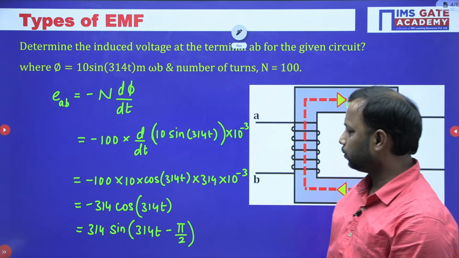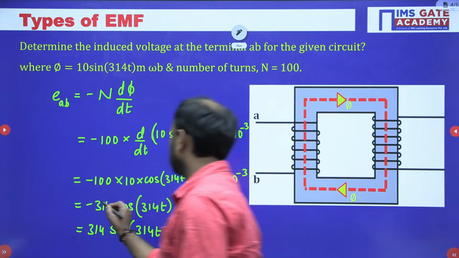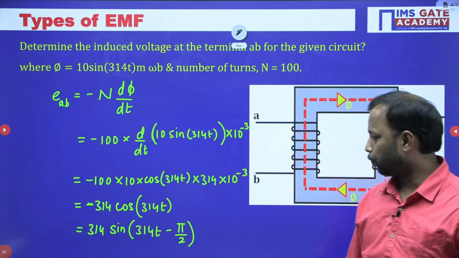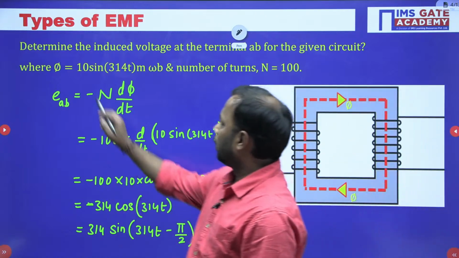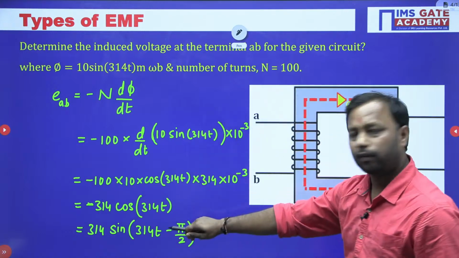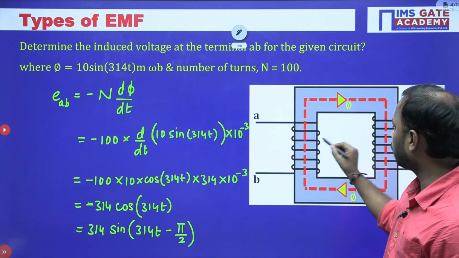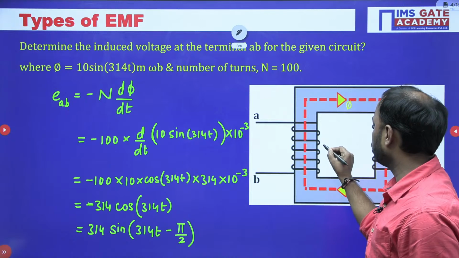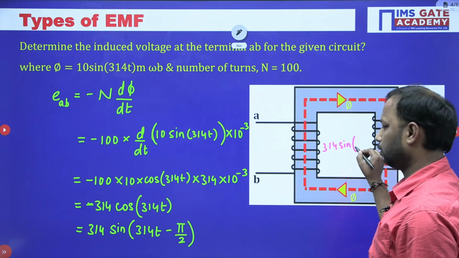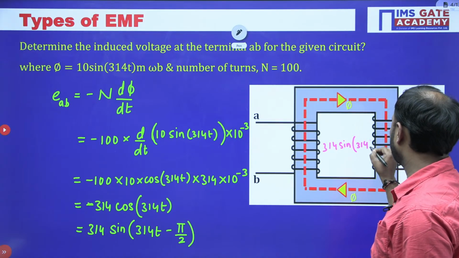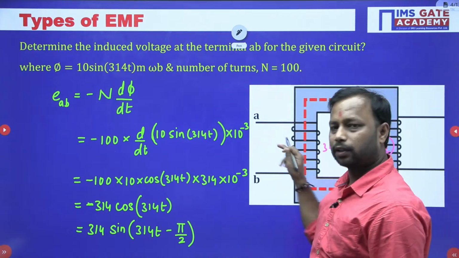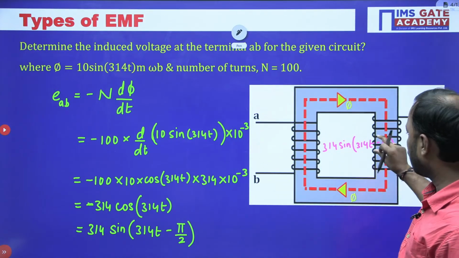Yes or no? So from here I can say that in this coil, the EMF EAB is 314 sin of 314 t minus pi by 2 volts.